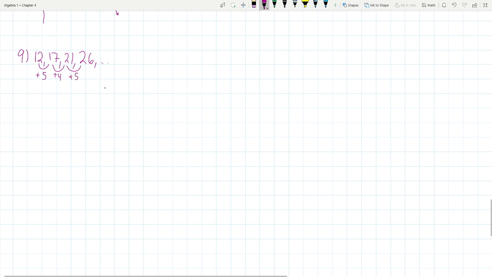So this one is not arithmetic because it goes by 4 in the middle. Could there be a continuing pattern where it goes 5, 4, 5, 4? Yeah, but that still wouldn't be arithmetic because the common difference is not the same. So no. No common difference.